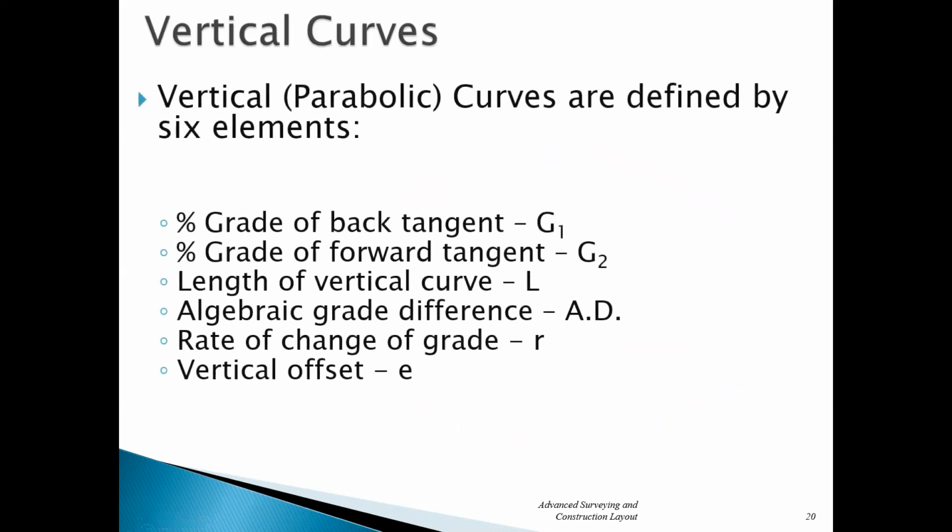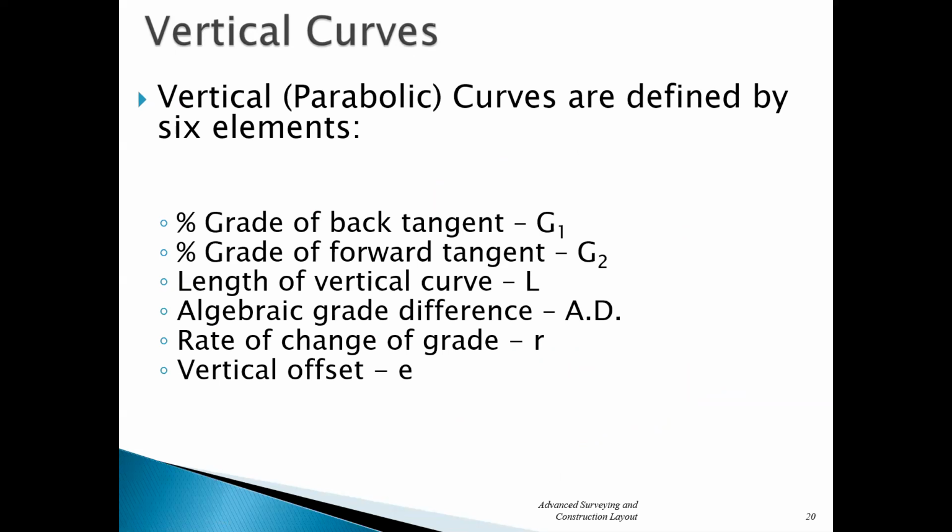Okay, so parabolas, parabolic curves, most people just call them vertical curves, VCs. They have 6 elements that define them. The grade coming into the curve, which is sometimes called your back tangent, that's your G1 grade. The grade going out is G2, and then the length of vertical curve. So this is the length of the vertical curve horizontally measured, not the arc length of the parabola.